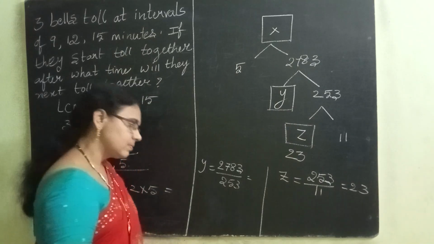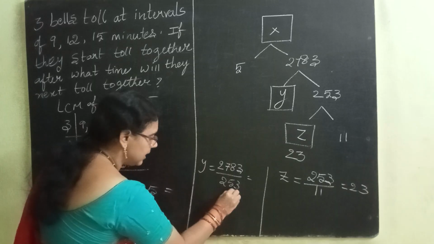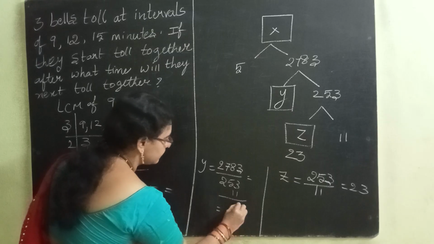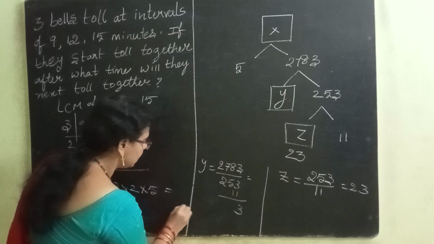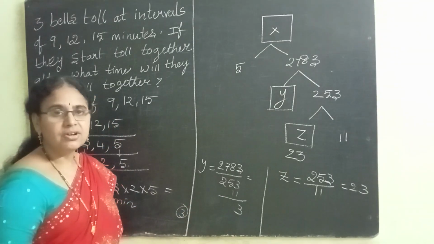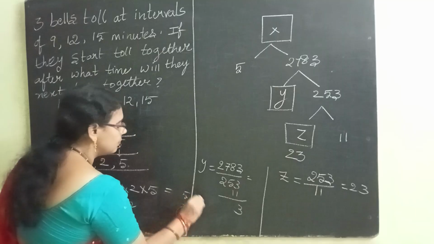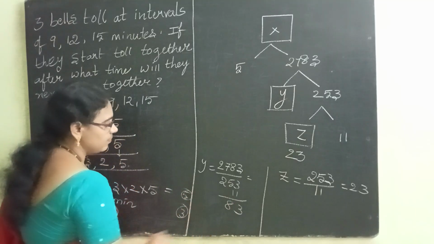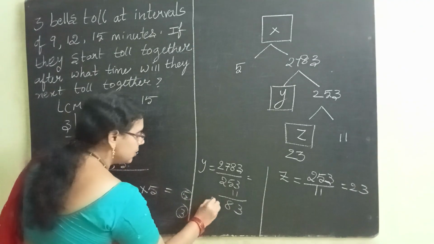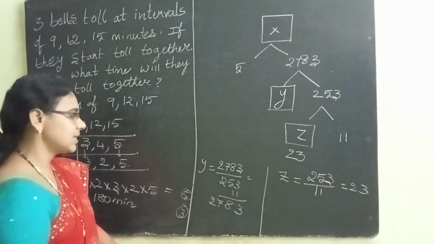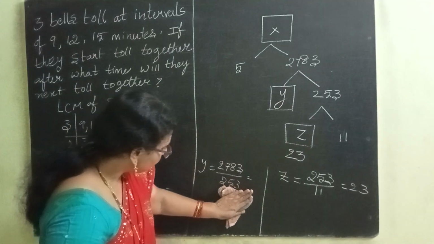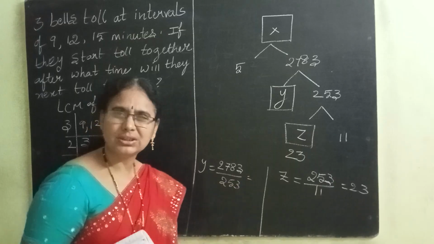Check. 11 3s are 33, 3 as a carrying number. 11 5s are 55, 55 plus 3, 58. 11 2s are 22, 22 plus 5, 27. Yes, it's correct.